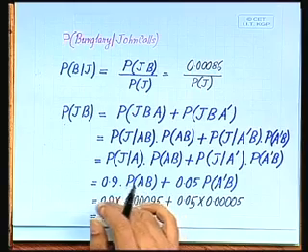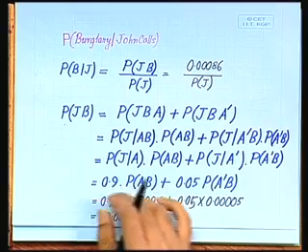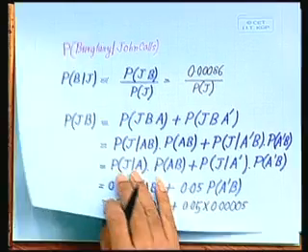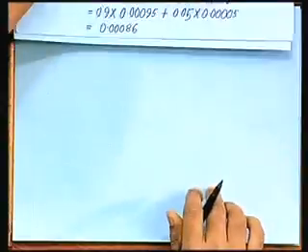right. Now, how do we compute P(J)? We want to find out just the probability of John calls.